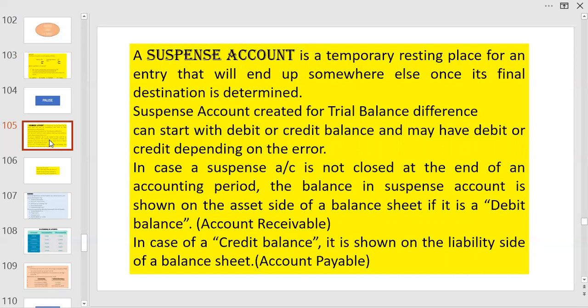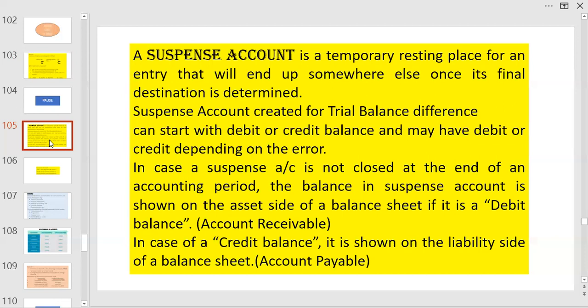Usually, if we make our double entries correctly, the total of both the debit and credit sides of all accounts should tally. The debit side should be equal to the credit side sum total. But sometimes it may not, due to various errors and mistakes.